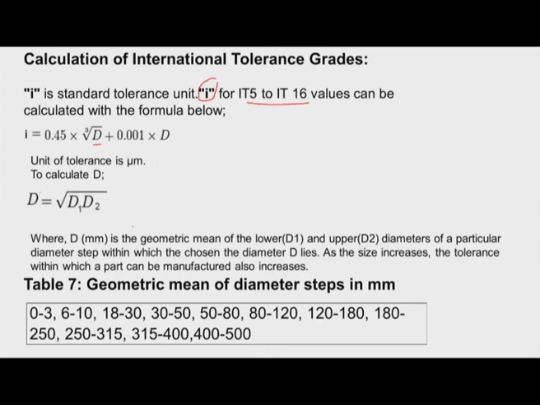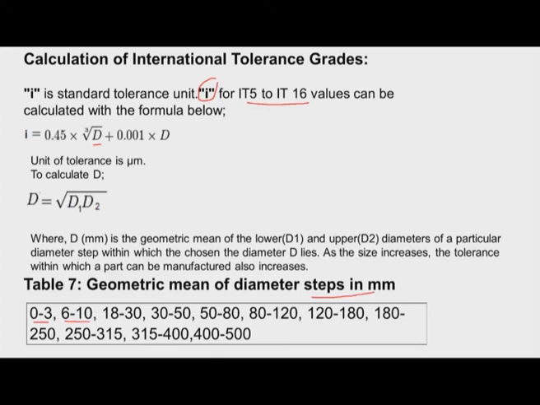So what is the diameter step? We can understand from this. D is in millimeter, it is the geometric mean of lower diameter and upper diameter. That means you can see here this table gives the geometric mean of diameter steps, various steps that are allowed as per standard. So 0 to 3 is one step, 6 to 10 is another diameter step.